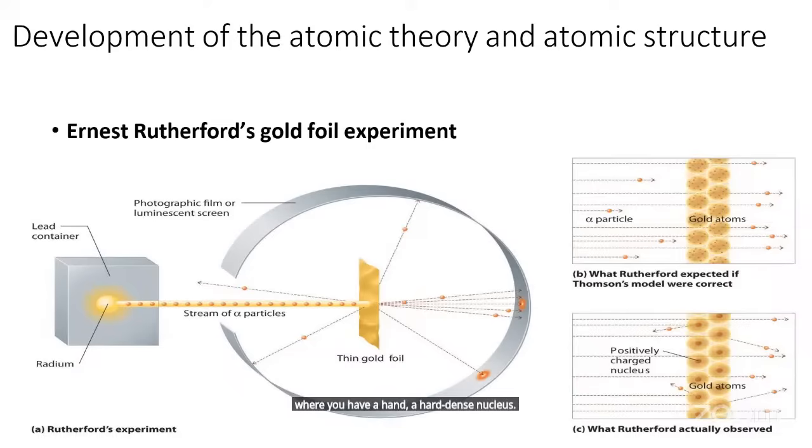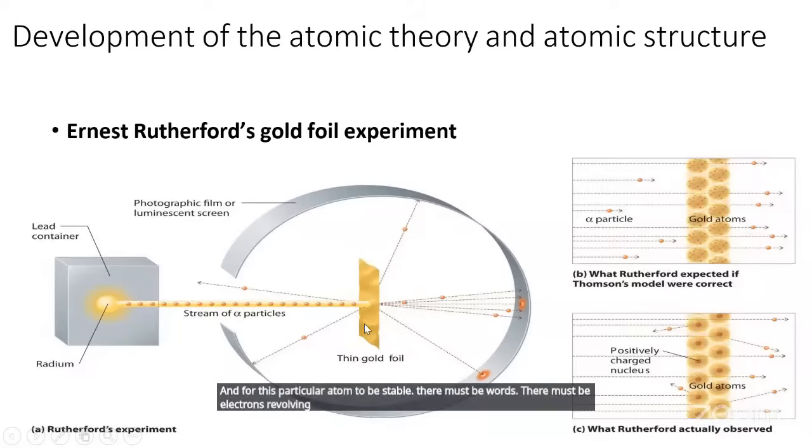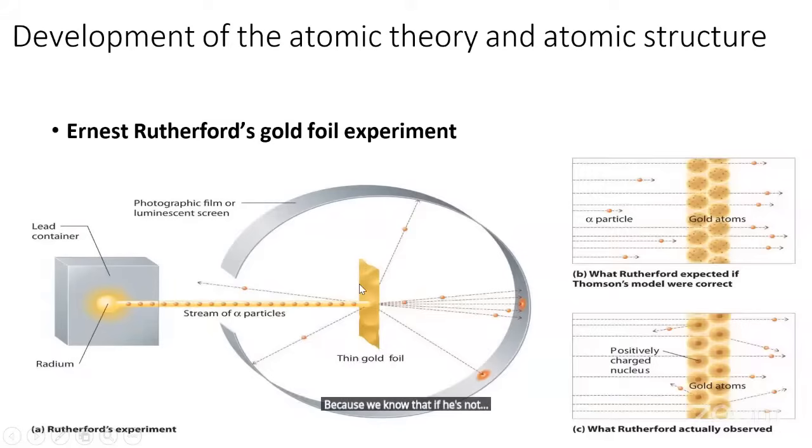And so he said, okay, for this particular atom to be stable, there must be electrons revolving round it. Because we know that if there is no attraction, repulsion will always cause instability, and the atom will collapse. But we have never heard that an atom has ever collapsed.